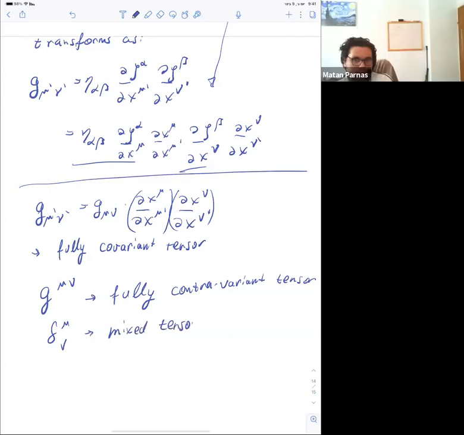Can I ask a question? Yes. If I try to make g a fully contravariant tensor, before the transformation it's pretty easy to see how I get it. But after I do the transformation, how would I change from covariant to contravariant?